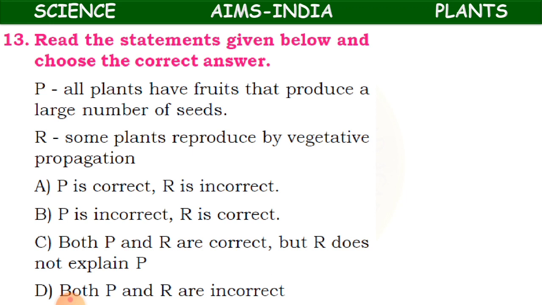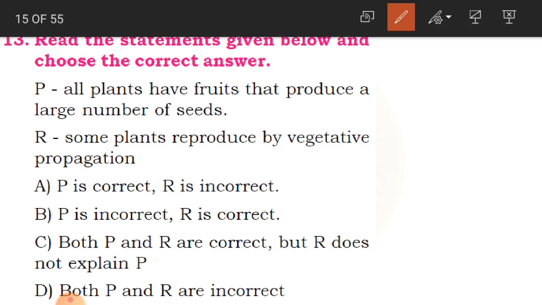Read the statements given below and choose the correct answer. P is: all plants have fruits that produce a large number of seeds. And R is: some plants reproduce by vegetative propagation.